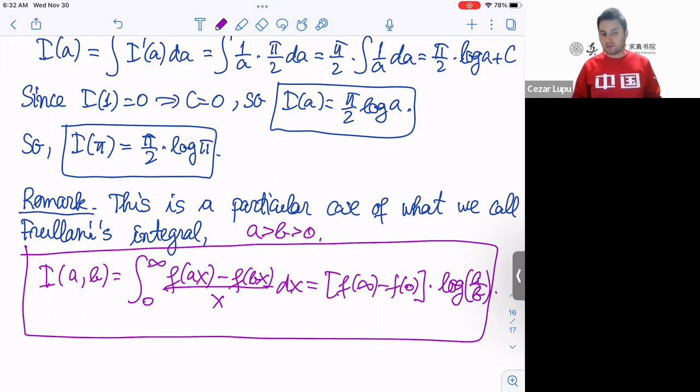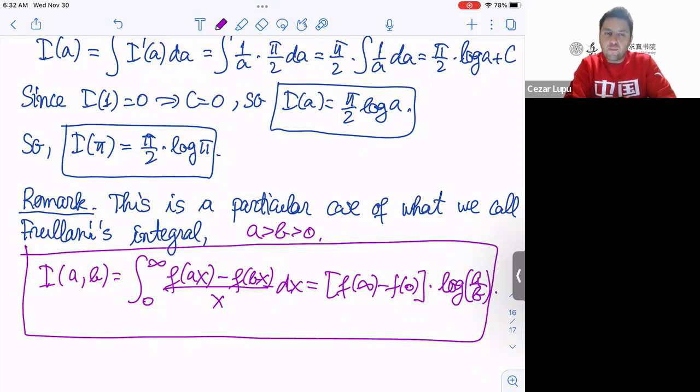So the proof goes the same. We just have to do a bunch of change of variables, but I will leave it to you to do it as an exercise. You can take the idea from this particular case and you can prove the general case.